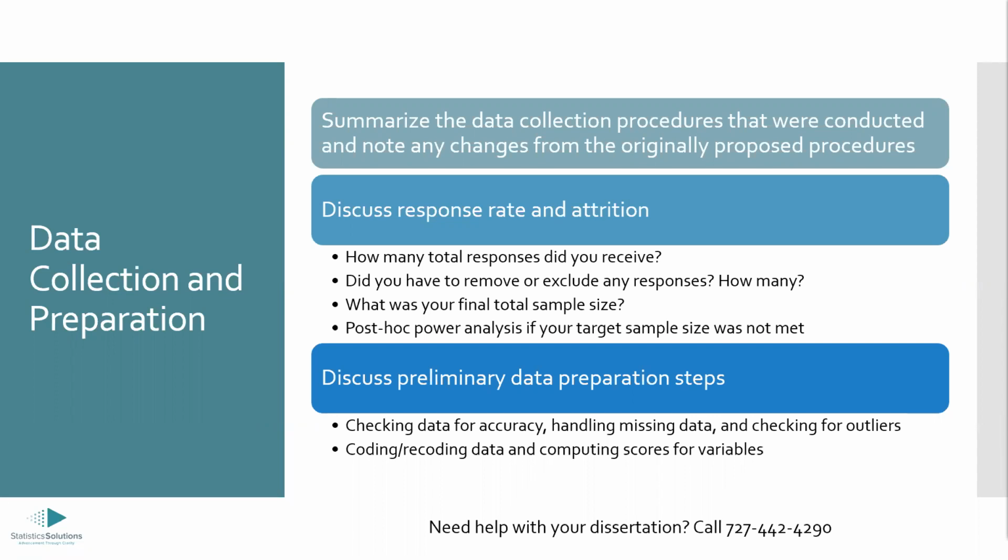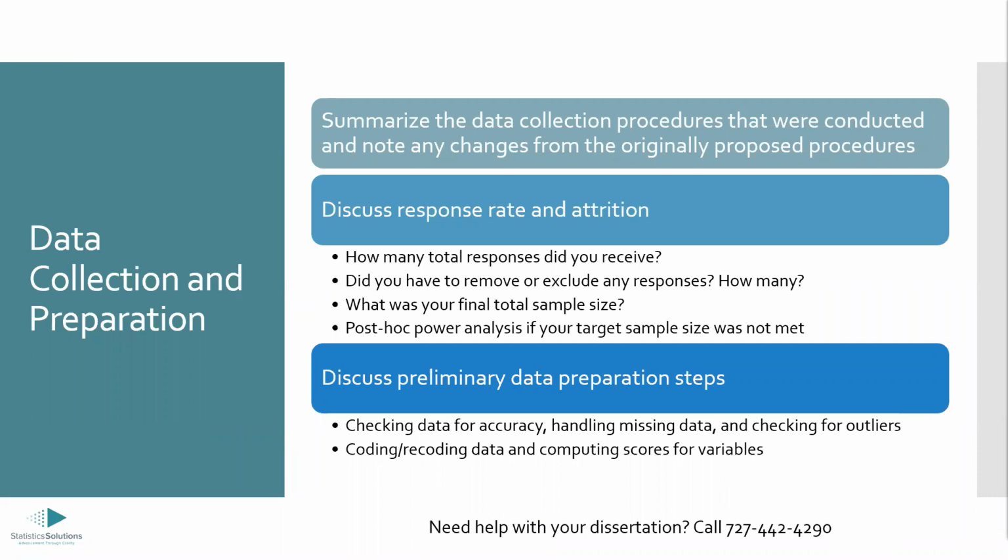And then, if necessary, if your target sample size was not met for your study, so if you had a target sample size that you outlined in your proposal, and you did not meet that target at the end of your data collection, a lot of times reviewers will want you to include a post hoc power analysis so that you can report the statistical power of your study given that your target sample size was not met.